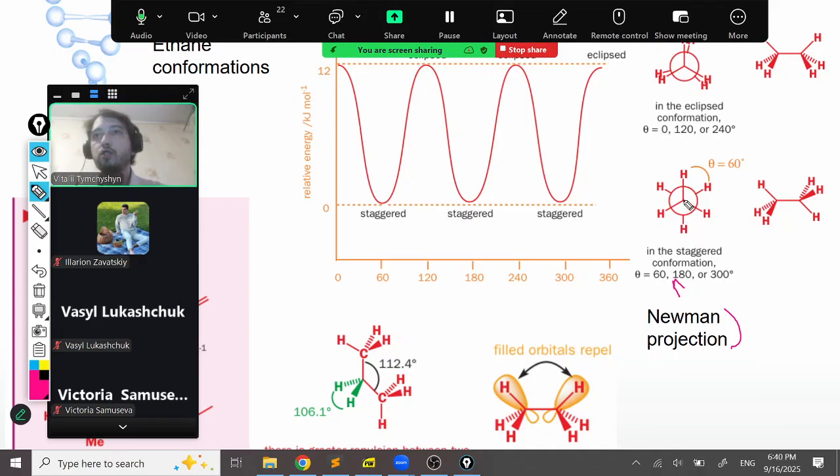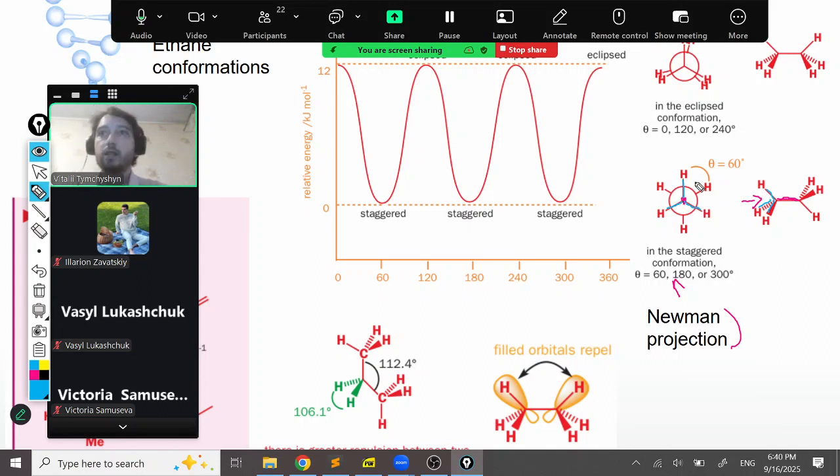This shows us that we are looking along this bond. So this bond is here, and let me choose another color. These hydrogens are these three hydrogens. So we see these three bonds.